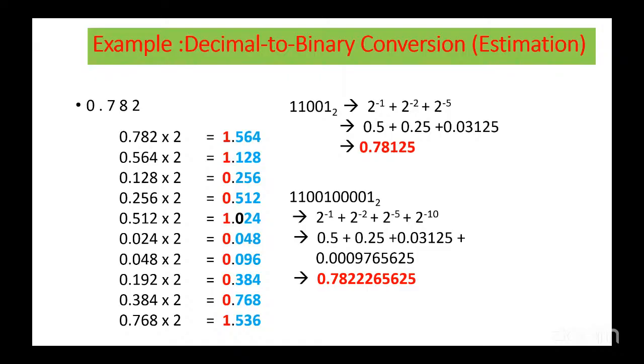So this is the estimation. So top to bottom, 1100100001. If any number is repeatedly coming out, you need to leave it and consider only up to certain values.